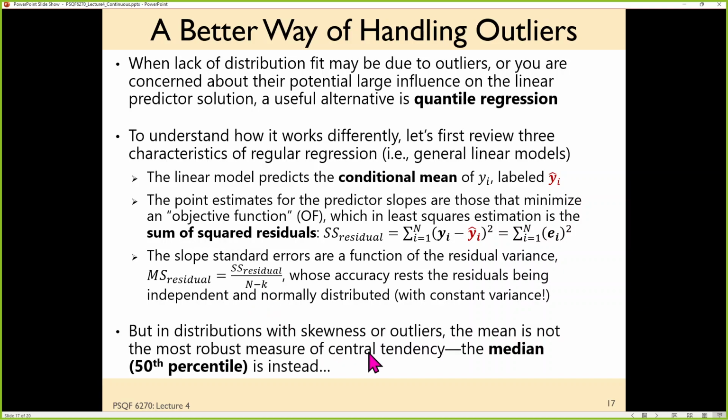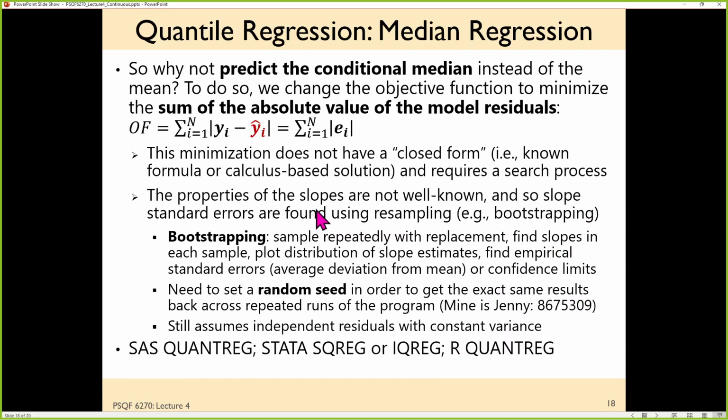However, if you have a lot of skewness and or outliers, we can use the median instead of the mean. And the process works similarly after we change what the objective function is. This is the idea of quantile regression, where you can predict the conditional median as opposed to the mean, or any other percentile.